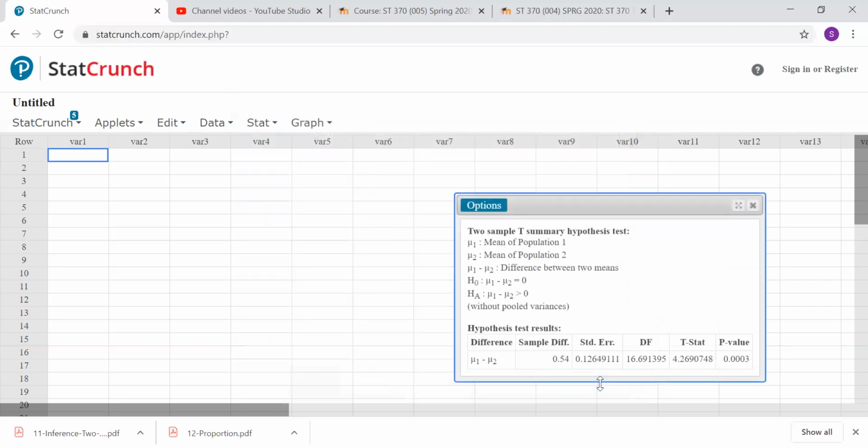So click compute. The test statistic 4.27 and the p-value are very similar to what we have found. And the degrees of freedom here is a little bit different. Remember the degrees of freedom, we are using N1 plus N2 minus 2.